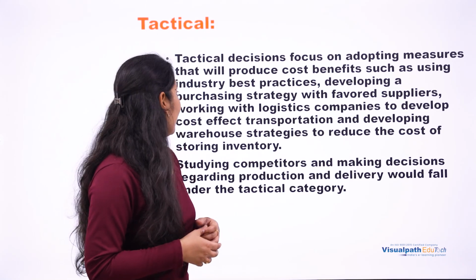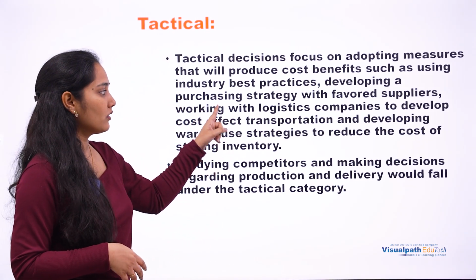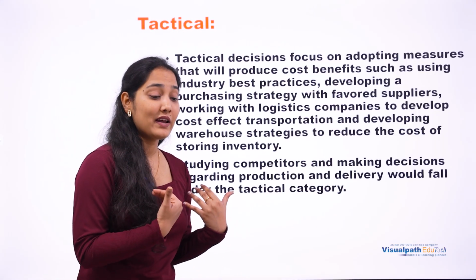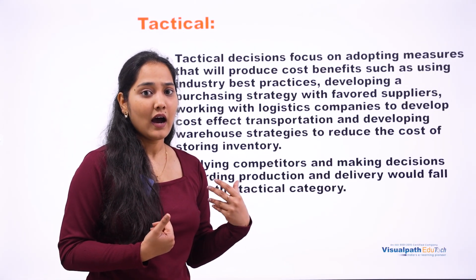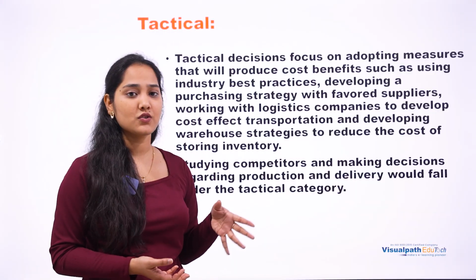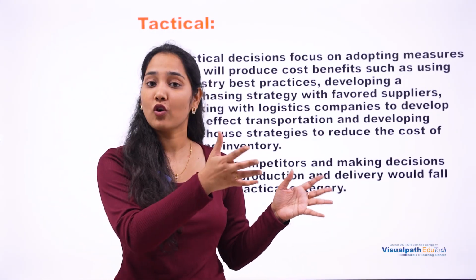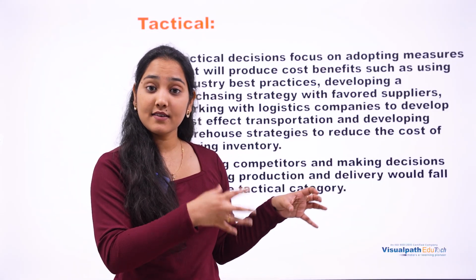Then, developing a purchasing strategy with the favored suppliers. When I have a favored supplier, that means I like some suppliers and I need to have a purchasing strategy. Imagine I'm a manufacturing company, I have my own raw material suppliers, and I like certain suppliers.